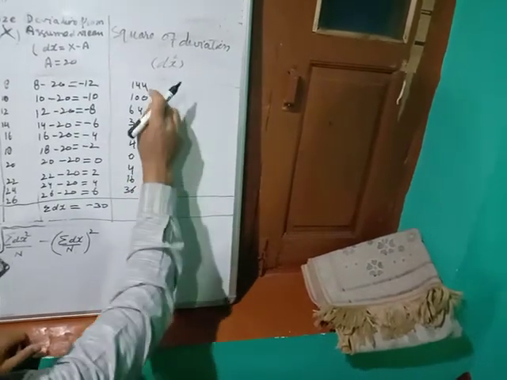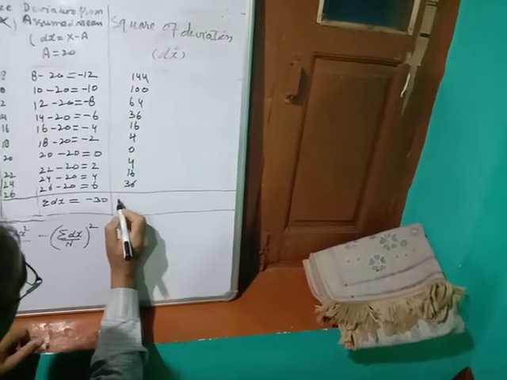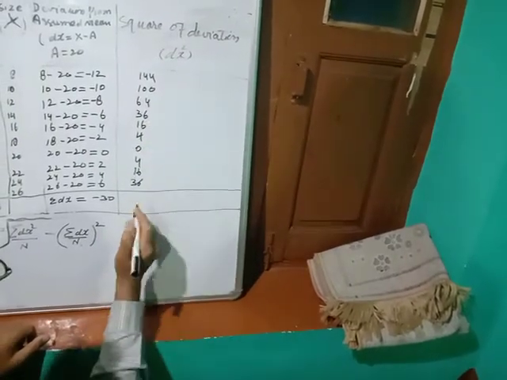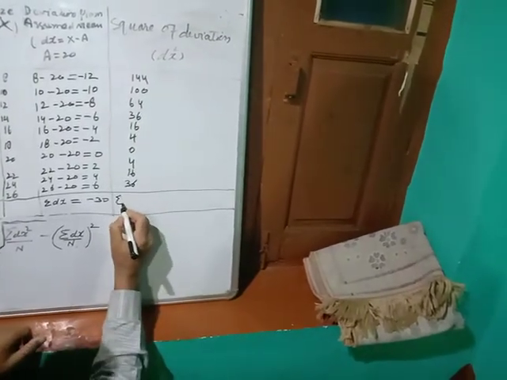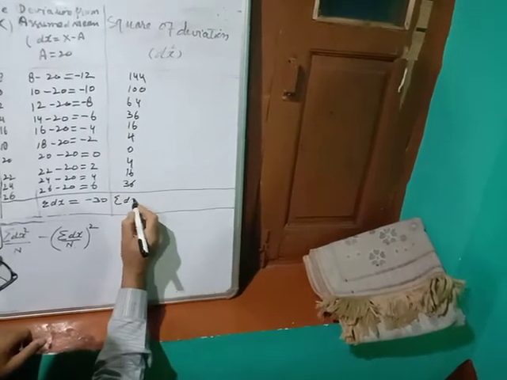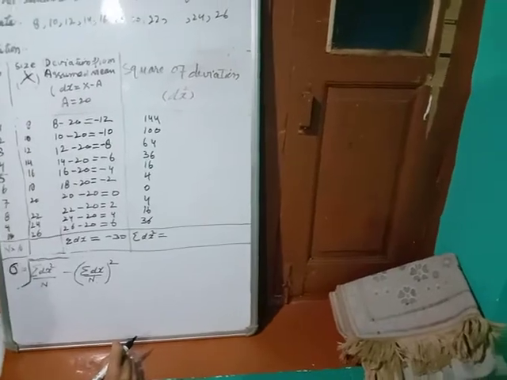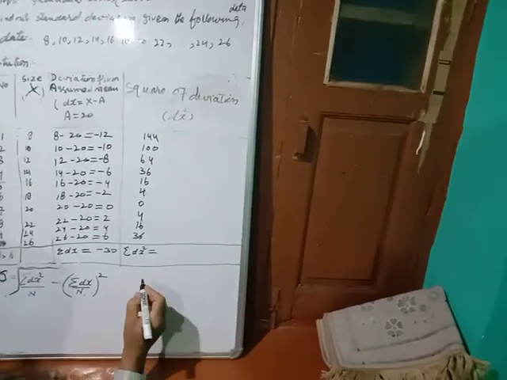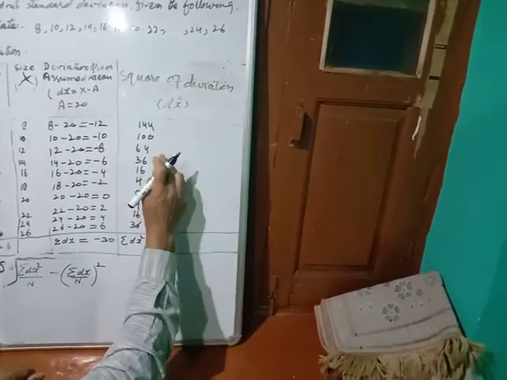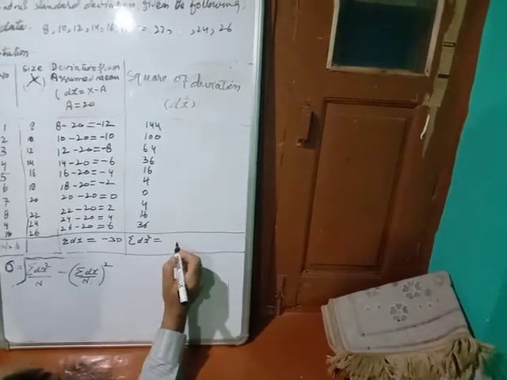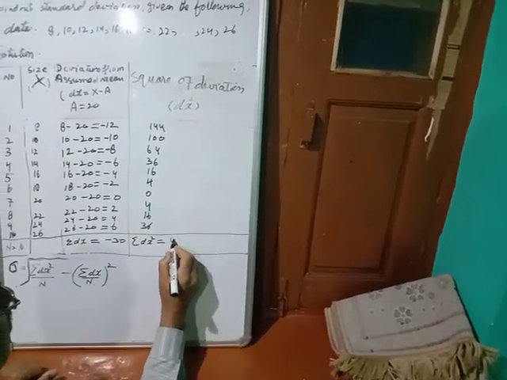Now, if we add them, the sum of these dx squares, or sigma dx square, when we add them, is equal to 420.